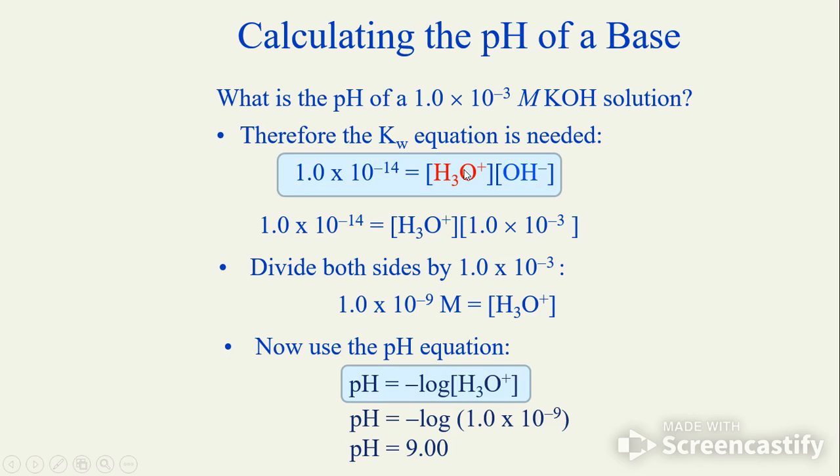Here we go. This is the formula we use. The product equals this number. We know this, but we don't know this. Therefore, we substitute and you get the hydronium concentration being 1 times 10 to the power negative 9, and then use pH equals negative log of hydronium and find the answer. Again, fix 2 here, and here this doesn't count, then 2.